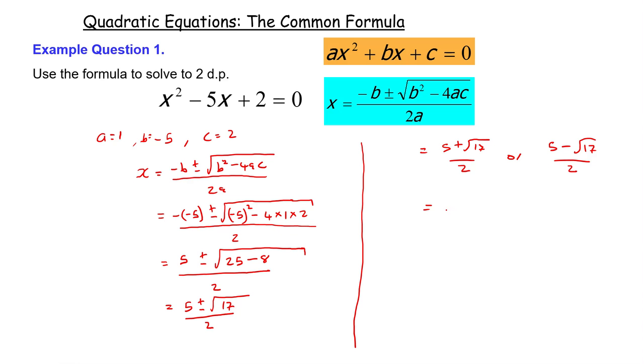So plug them in your calculators. You should get, hopefully, 4.56 to 2 decimal places, which is what's required, or 0.44. I want everyone to plug those into their calculators and check to make sure you can get those answers. Once you've done that, hit pause, copy these notes down, and we'll have a look at another example.